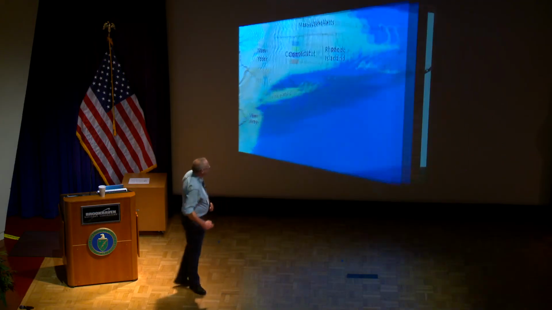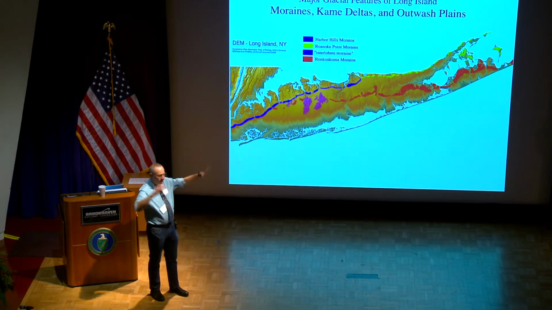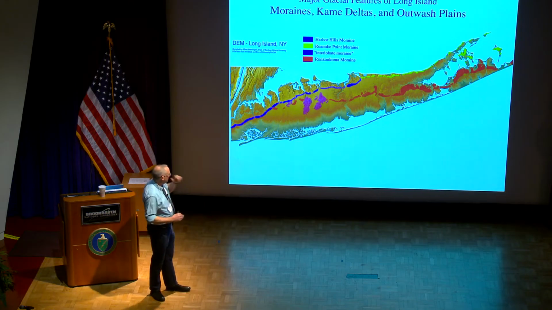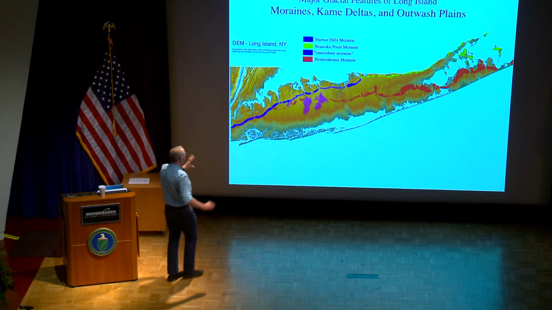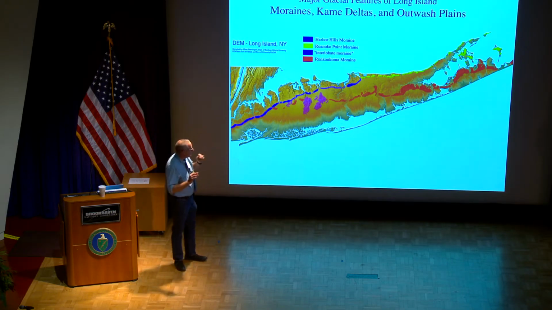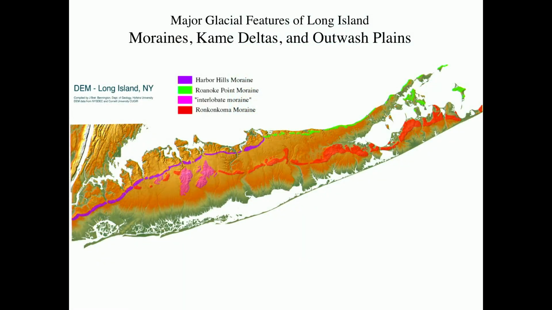All right, so let's start with the big features of Long Island. If you look at the geomorphology of Long Island, there are basically four or five features that stand out very clearly.